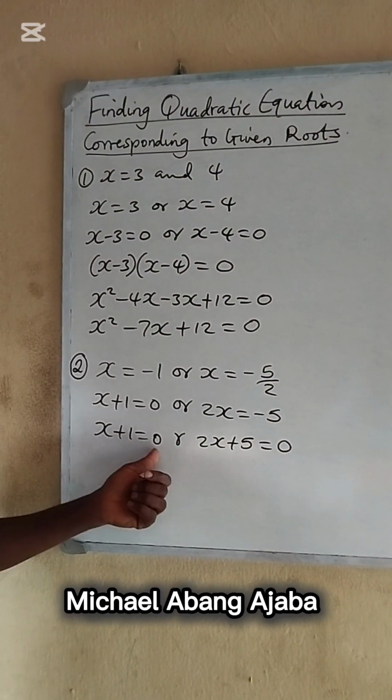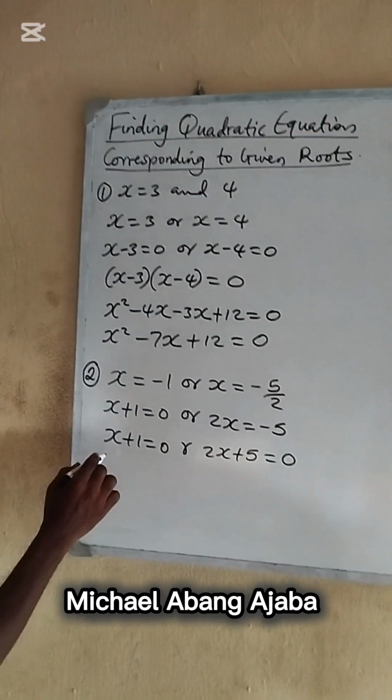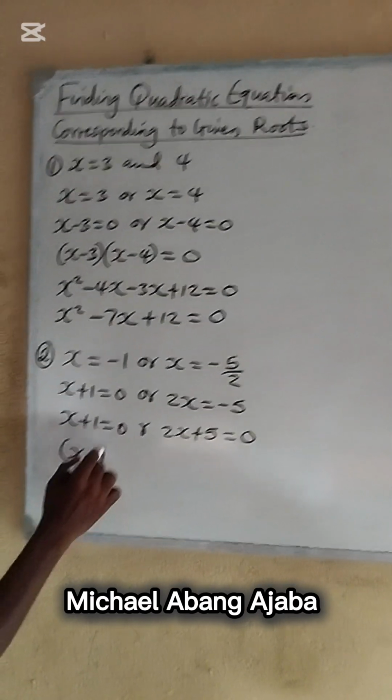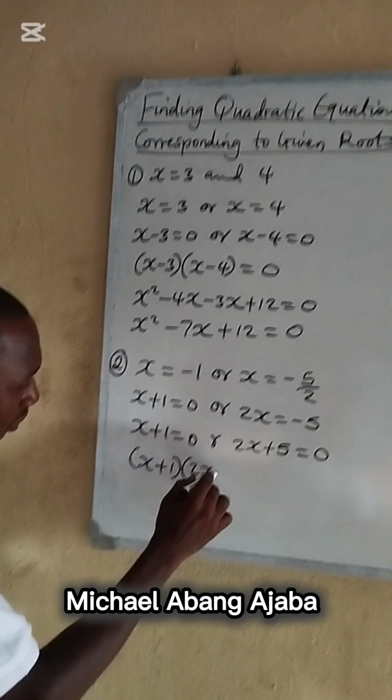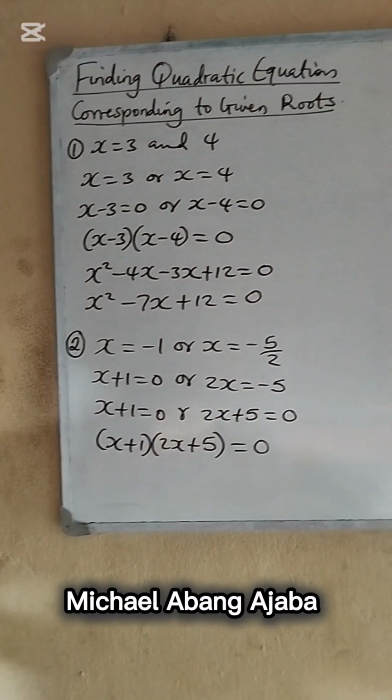And we have this equal to 0 and this equal to 0. So multiply these two and equate it to 0. We have x plus 1 times 2x plus 5 equal to 0.